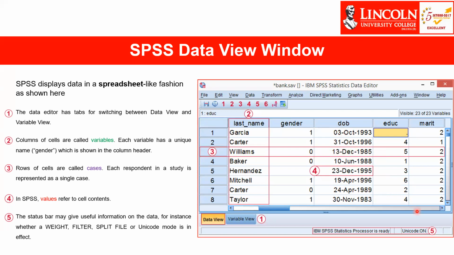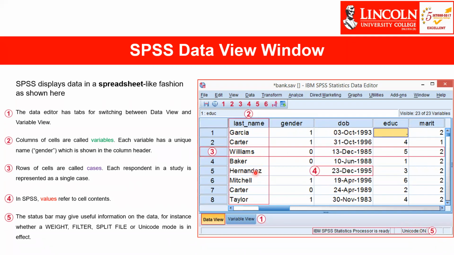The status bar that you have somewhere here may give information on the data, for example, whether a weight, filter, split file, or Unicode is in effect. But again, this one, just ignore. By default, it just displays like that.